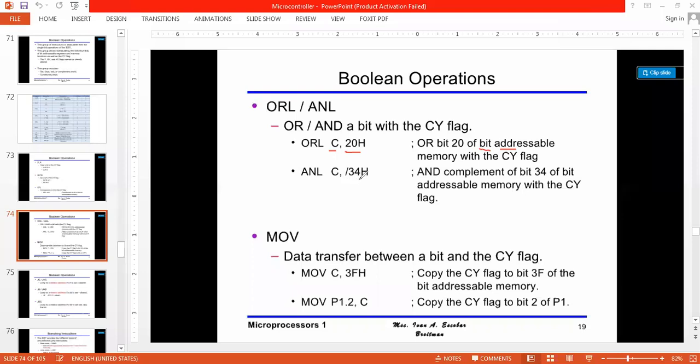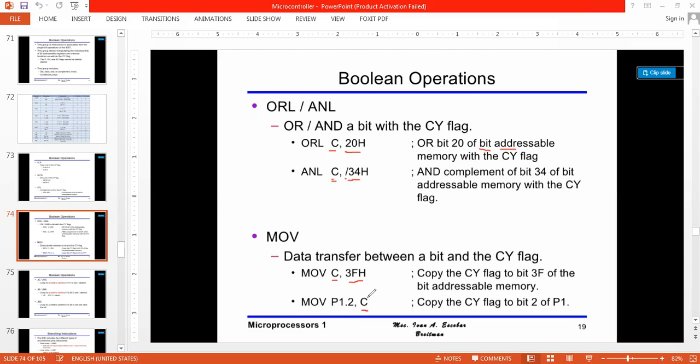Here 34th bit, 34H, the address of a single bit, is going to be first complemented, and then it is going to be ANDed with C, and then the result is going to be updated into the C only. 3FH, it is an address of a single bit, not a byte address, that is going to be transferred into the carry flag.